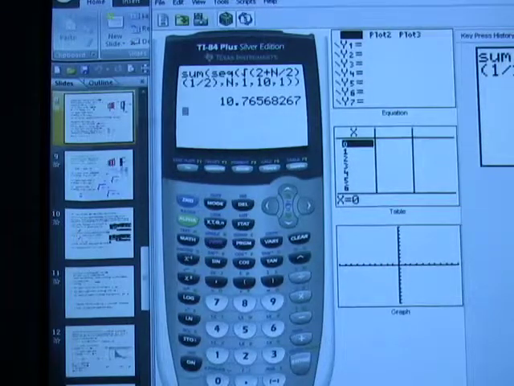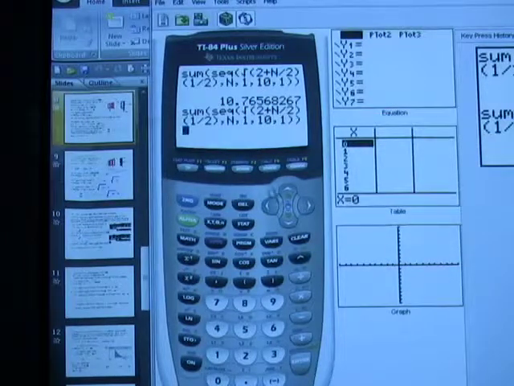Press second enter and take your cursor all the way to that n, and we need to change that n to n minus 1. But when you do that, you need to enclose that in a parenthesis.